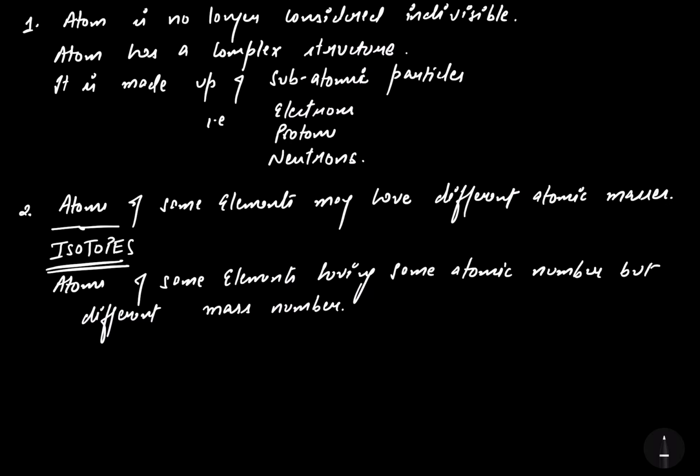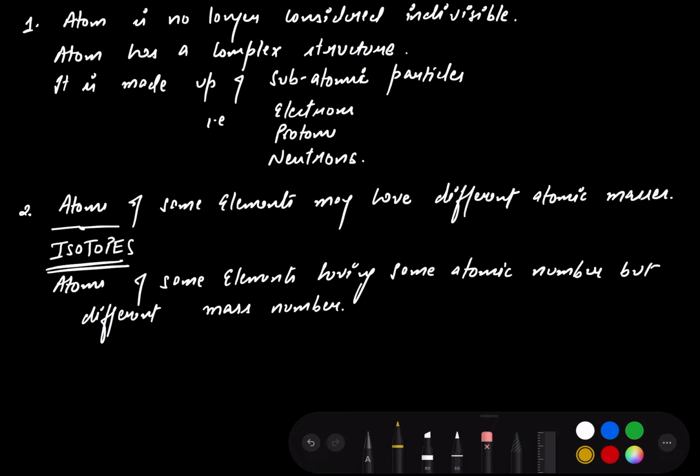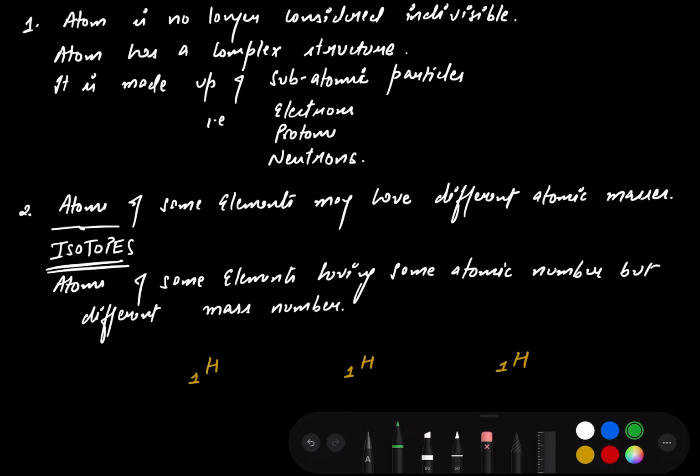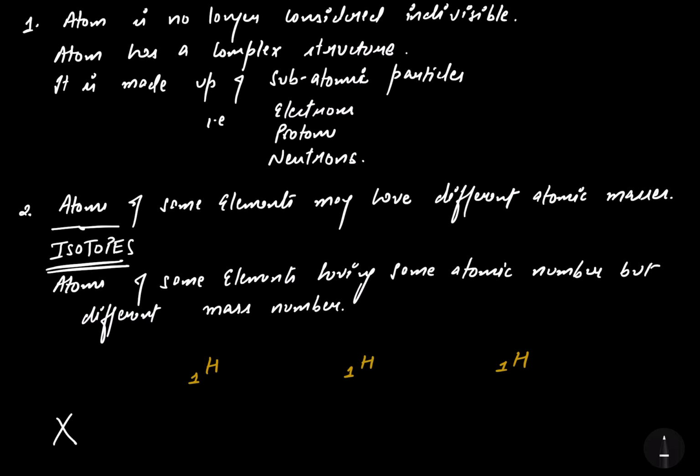Let me give you some examples. I have written hydrogen, hydrogen, hydrogen. The atomic number is 1, 1, and 1. If you have any element, let it be X, you always write the atomic number at the base towards the left and the mass number at the top towards the left.